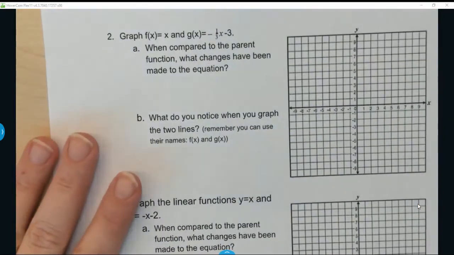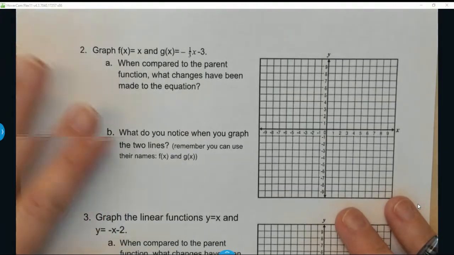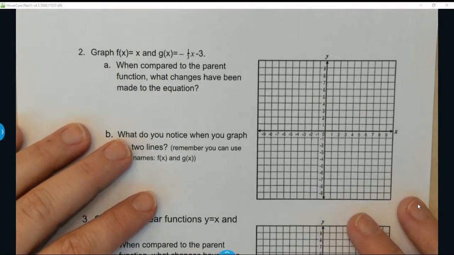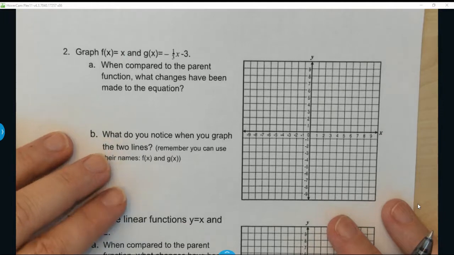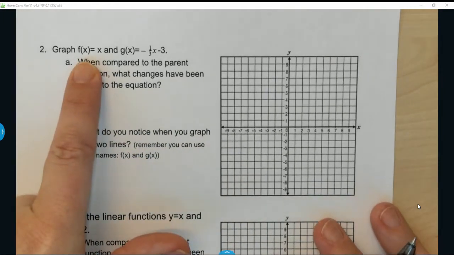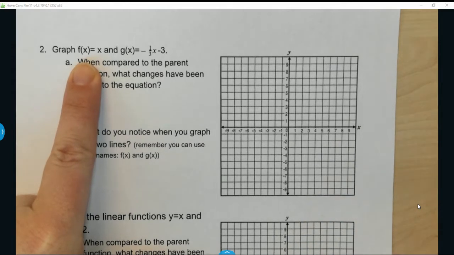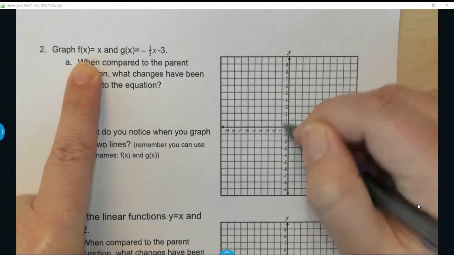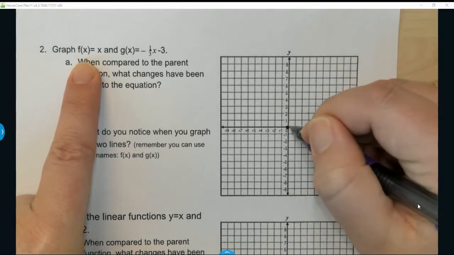Second example. Graph f of x equals x and g of x equals negative 1/3 x minus 3. So let's start with f of x. Slope is 1, y-intercept is 0.